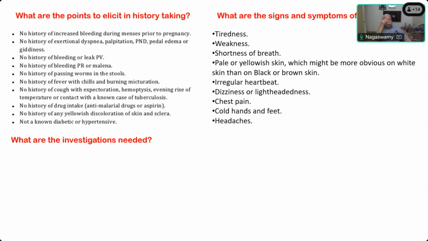Now, once you make a diagnosis of anemia from the history and the clinical symptoms, what investigations should you order? Complete blood count, reticulocyte count, peripheral smear. We have to do tests to find out the cause, the degree and severity of anemia and the etiology of anemia. If the patient is coming for surgery, we first do all the routine investigations like CBC, coagulation profile, CXR, EKG, echo, RFT, LFT.